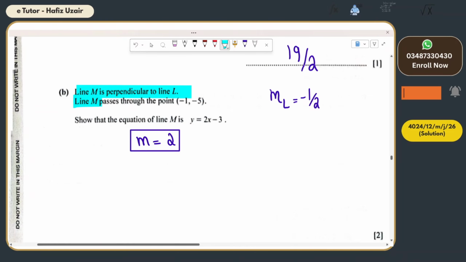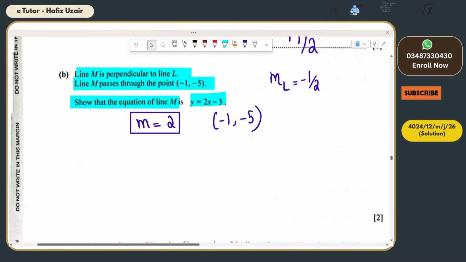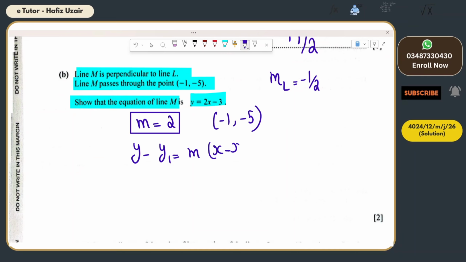Line M passes through the point (-1, -5). So this line is passing through -1 and -5. We need to show that the equation of line M is y equals 2x minus 3. So basically you need to find out the equation of line M. Let's use point slope form over here. That is actually y minus y1 is equal to m times (x minus x1).